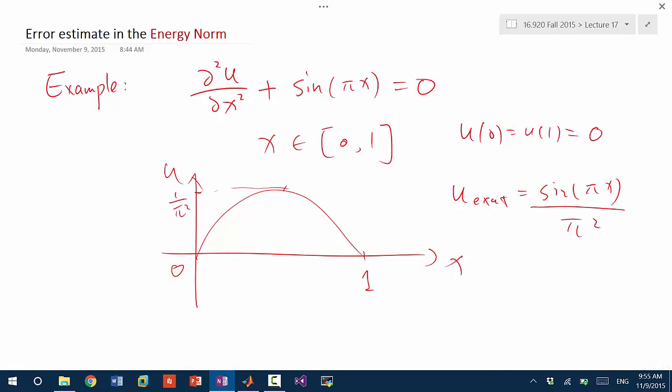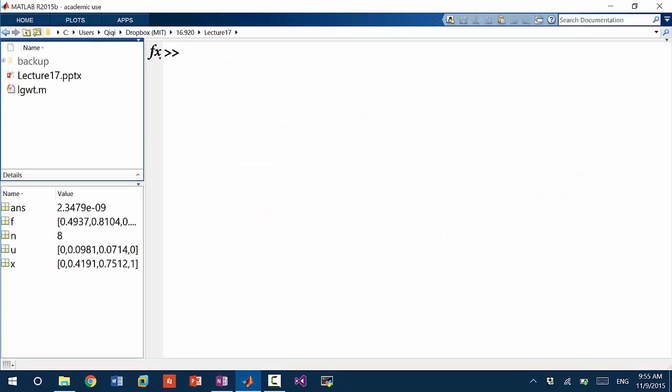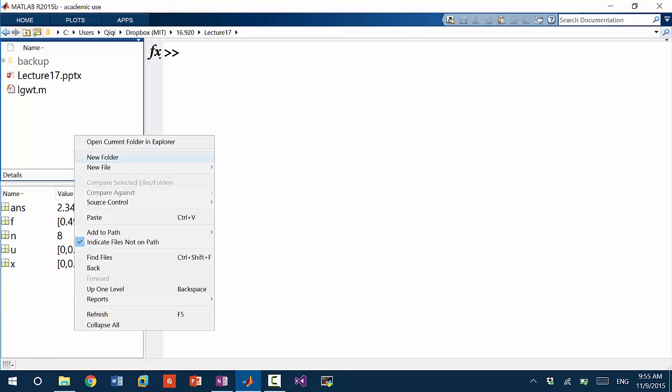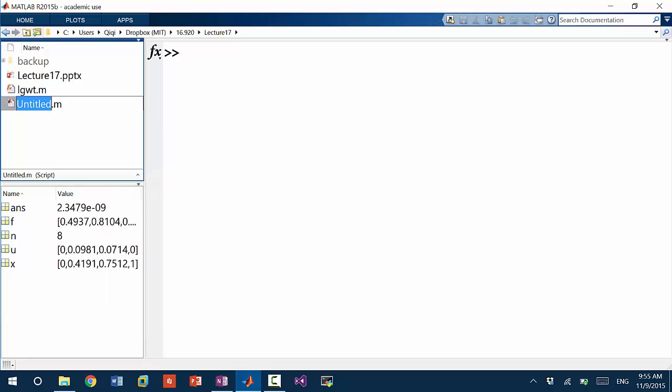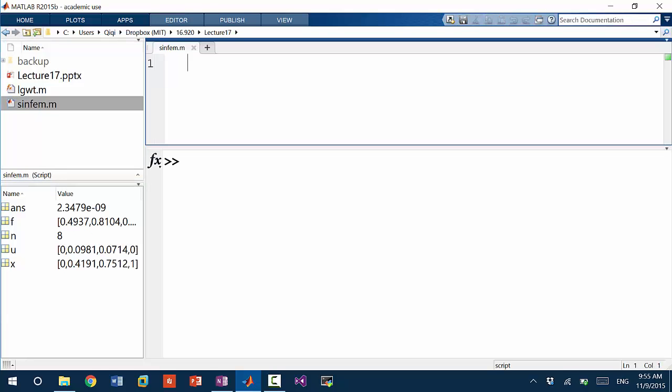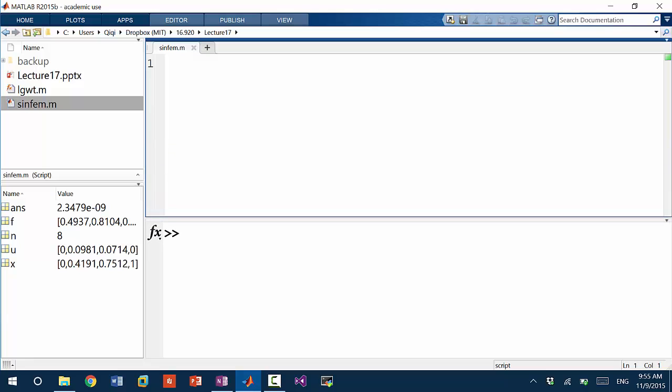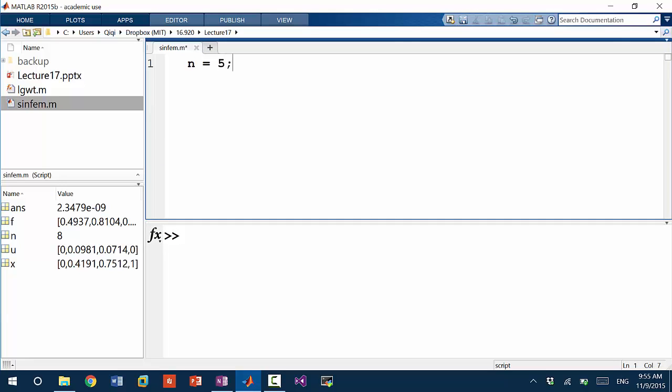And let's try to use finite elements to solve this. Actually, let me code up a script. Let me call it sine FEM. Okay, and let's put n equal to 5. Let's say 5 elements. And again, let's randomize the points.